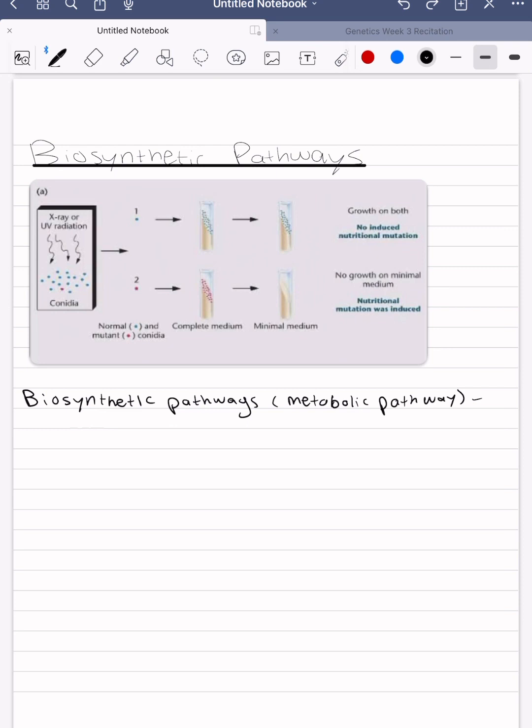Alright, so what is a biosynthetic pathway? Also known and referred to as a metabolic pathway.